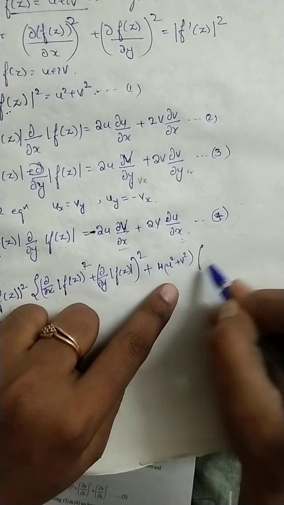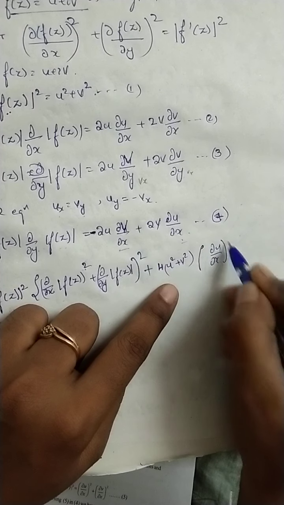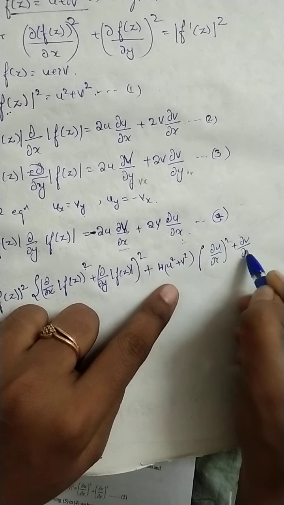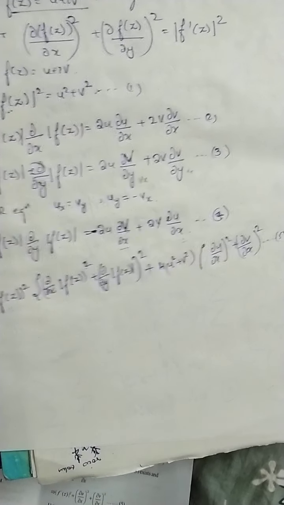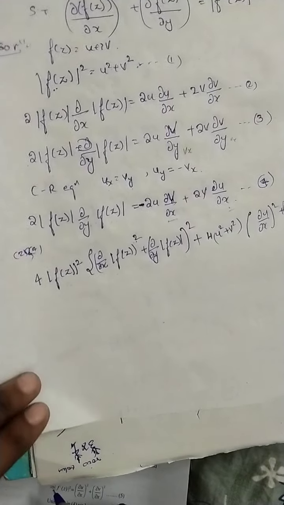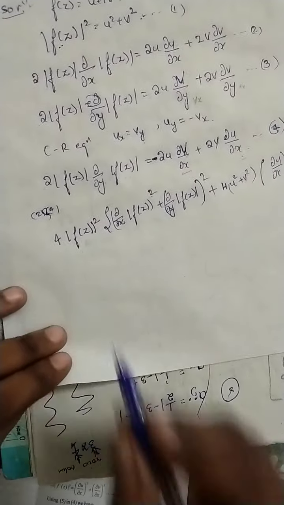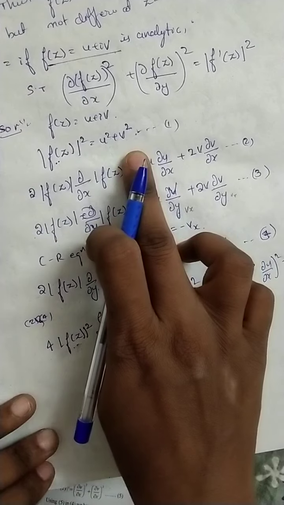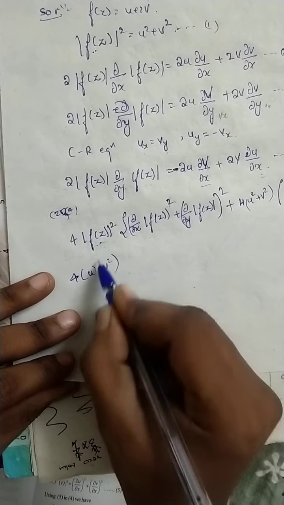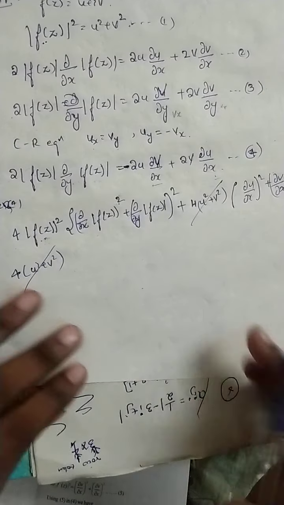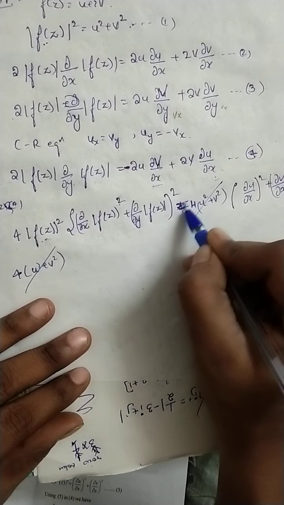Then what is left is dou u by dou x the whole square plus dou v by dou x the whole square. So this is our equation number 5 now. Okay, now we can replace this f of z by u square plus v square by one of this consideration. So now we put 4 into u square plus v square and cancel this. Okay, so this is equal to the same.